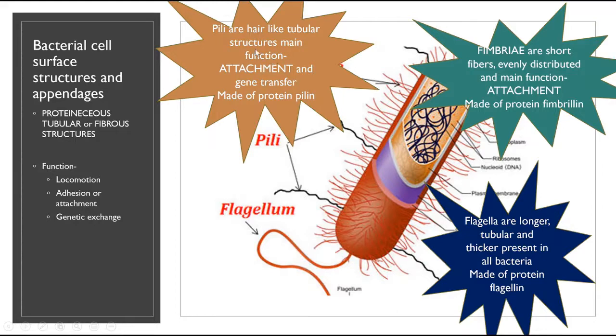You can see the difference between pili and fimbriae is that the fimbriae's main function is attachment to a surface, but pili are used for attachment as well as genetic transfer. Also, the chemical composition is different. This is pilin and this is fimbrilin.